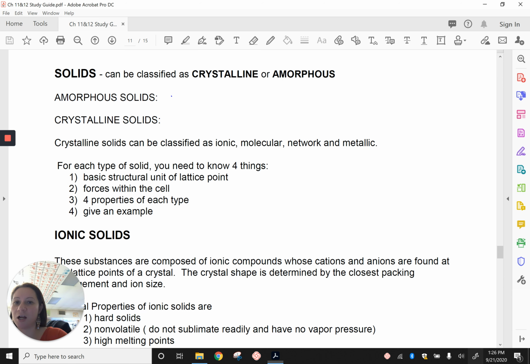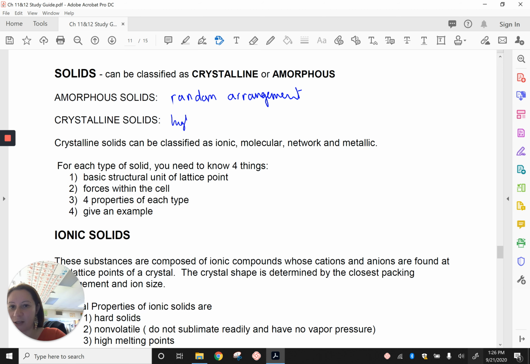Amorphous solids are basically solids that have a random arrangement of particles. Whereas crystalline solids, which are the majority of solids, are the ones that have a high regular arrangement or order, and they make a crystal. Therefore, they're called crystalline.